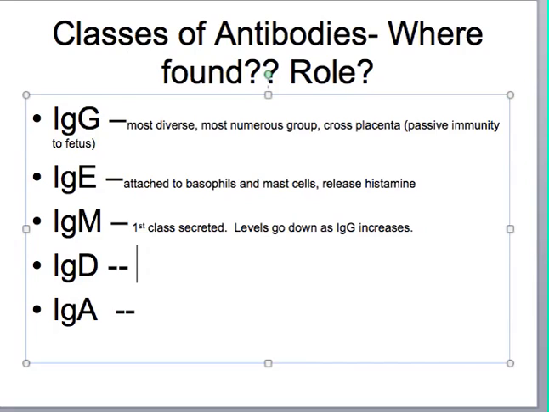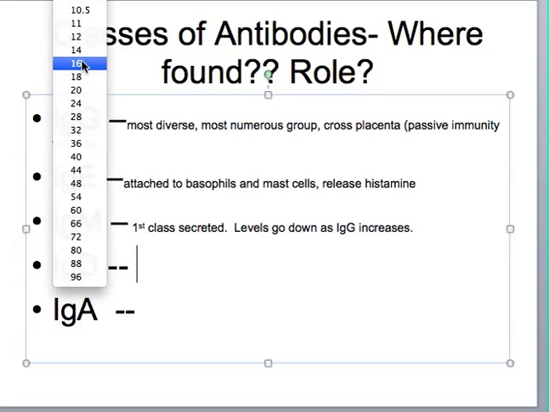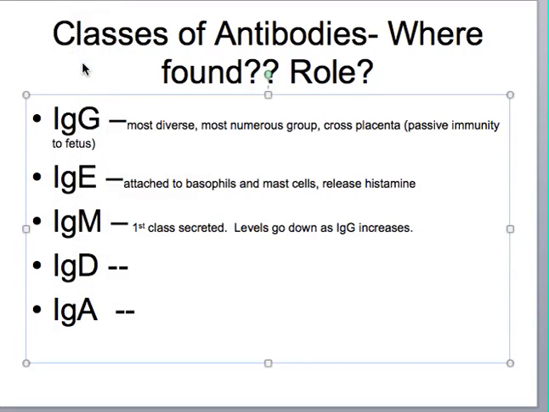Let's talk about IgD. IgD is interesting because it's found on the surface of B cells. It binds antigen. So IgD is an antibody that is found on the surface of your B cells.